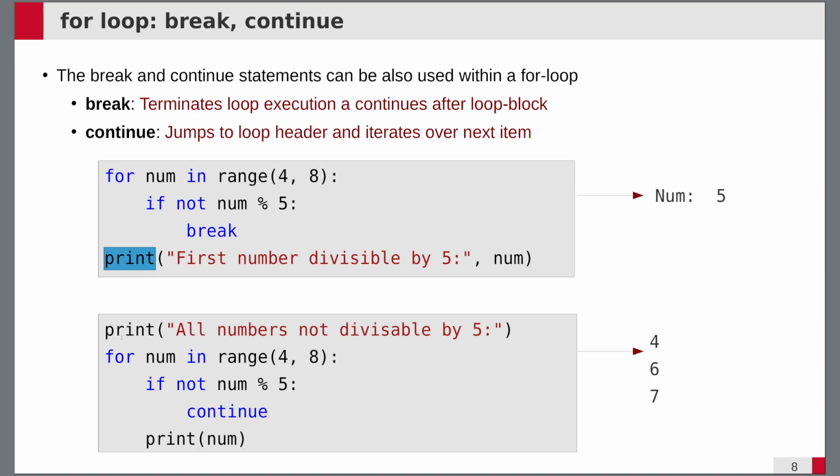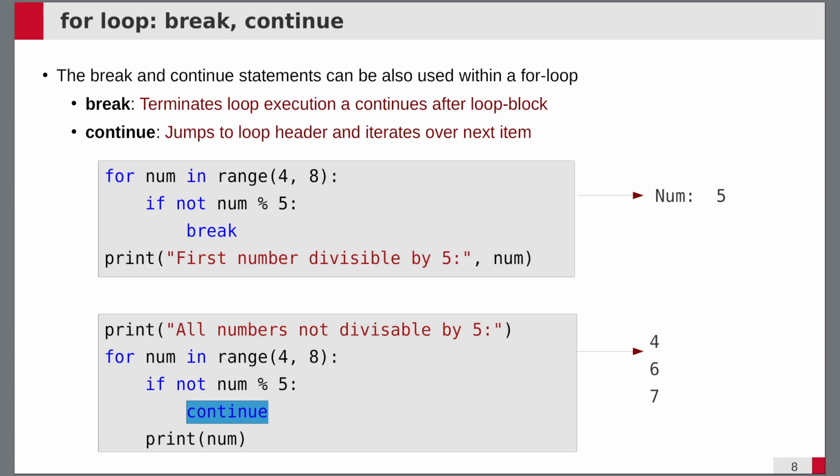A similar, or rather complementary, thing you can do with the continue statement. The continue statement jumps to the beginning of the for loop and processes the next item in the iteration.